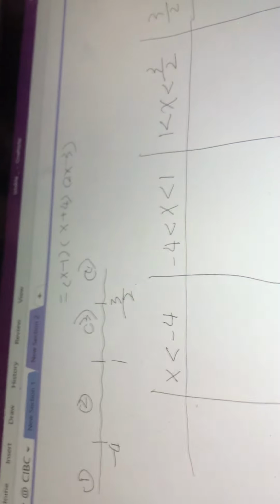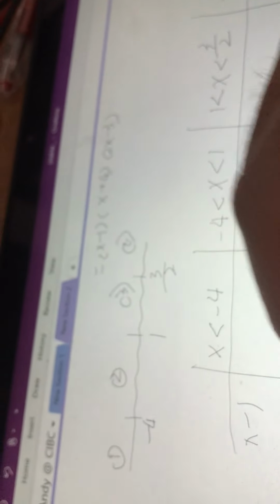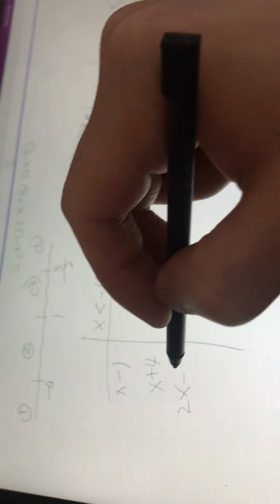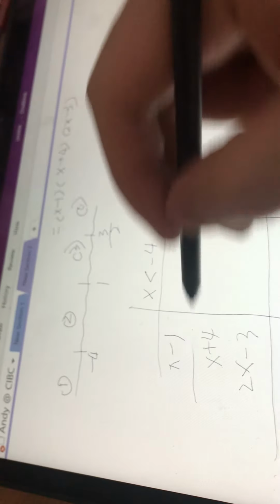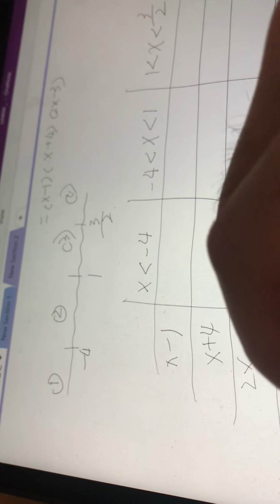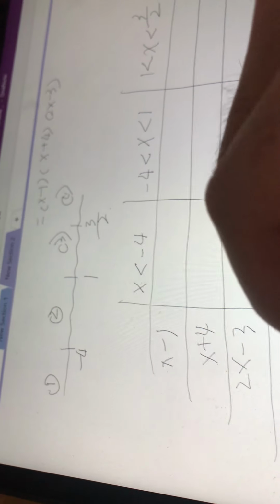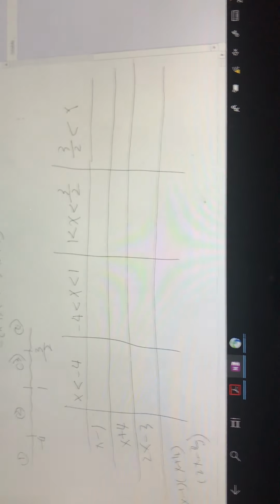Okay, so now in the table, you also divide it into 4 parts. And then you write x minus 1, x plus 4, 2x minus 3, and the last one is x minus 1 times x plus 4 times 2x minus 3. So basically you need to build up a table pretty much like this.